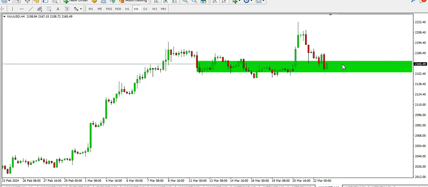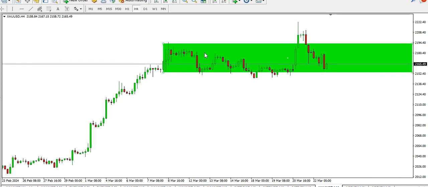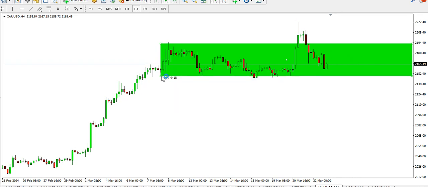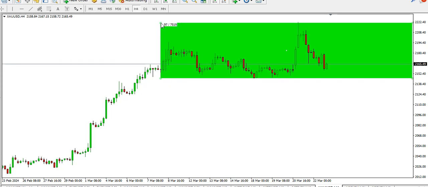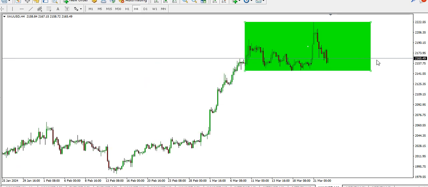We expect price to consolidate to an extent in this particular area until we see a break of the overall range. Until we see a break below this section or a break above, the range might likely continue. All right, but for now, on the 4-hour time frame, we are looking at a range.